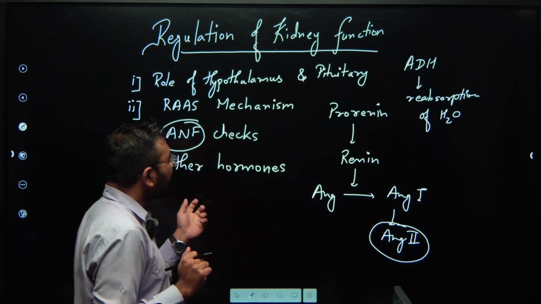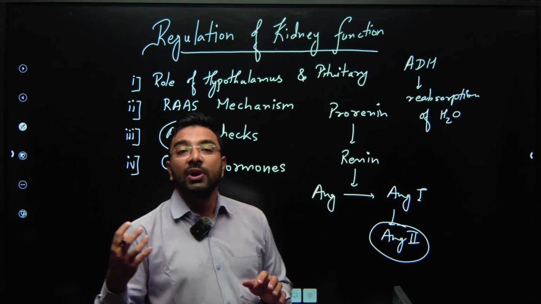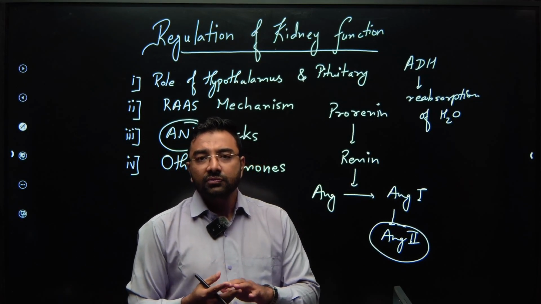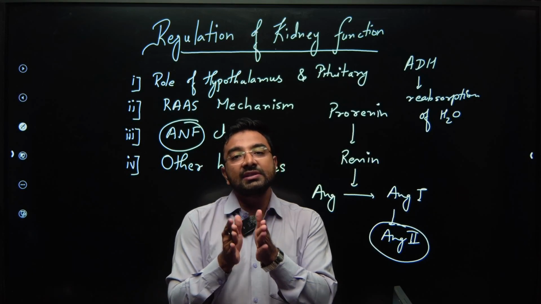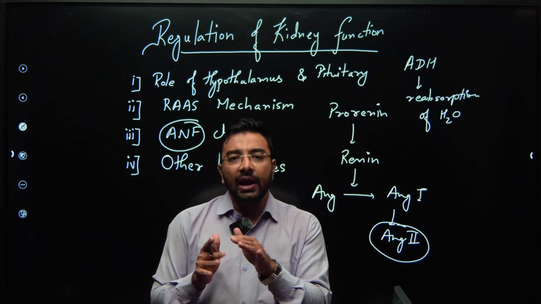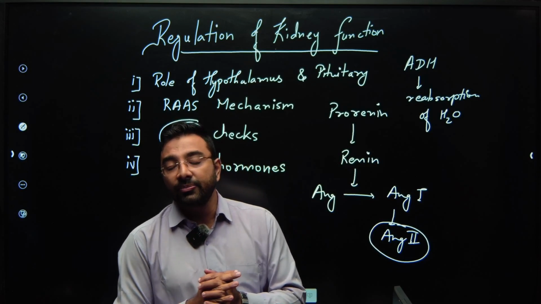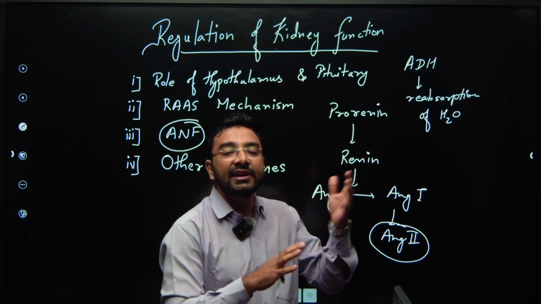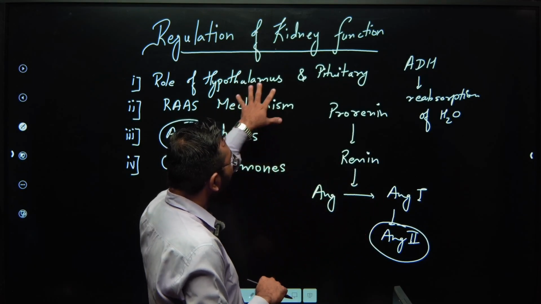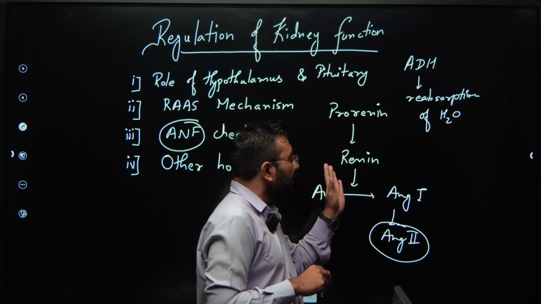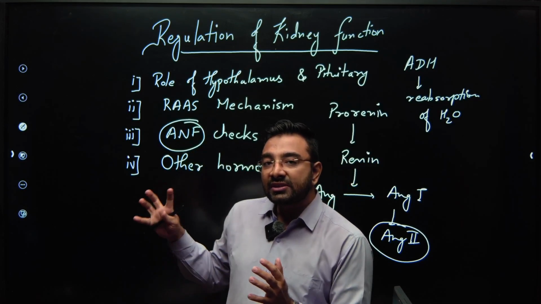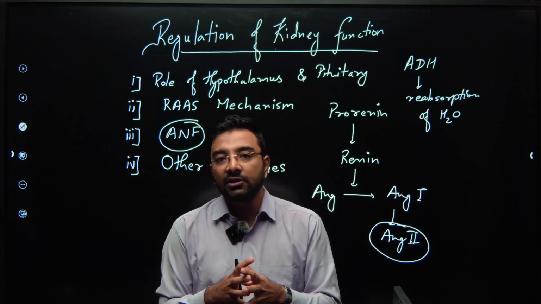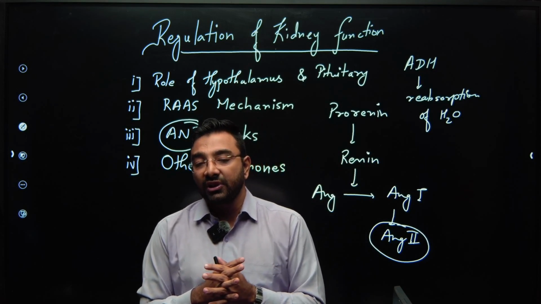And secondly, it causes generalized vasodilation. Due to vasodilation, there is a large decrease in blood pressure and restoration of normal blood pressure, which has been transiently increased by the action of ADH and the RAS mechanism. So, that's how these three mechanisms work together to regulate the functioning of the kidney.